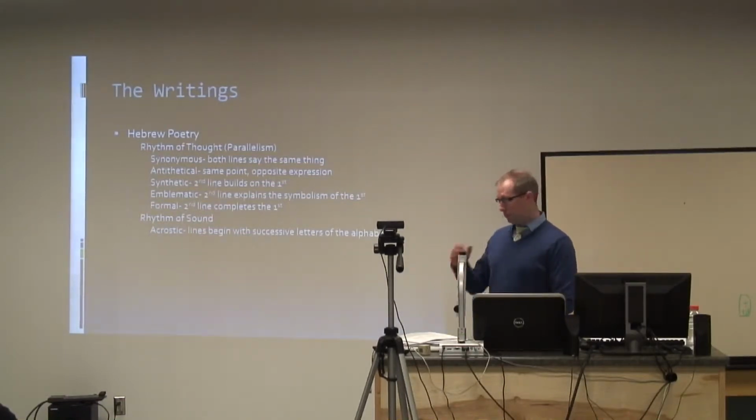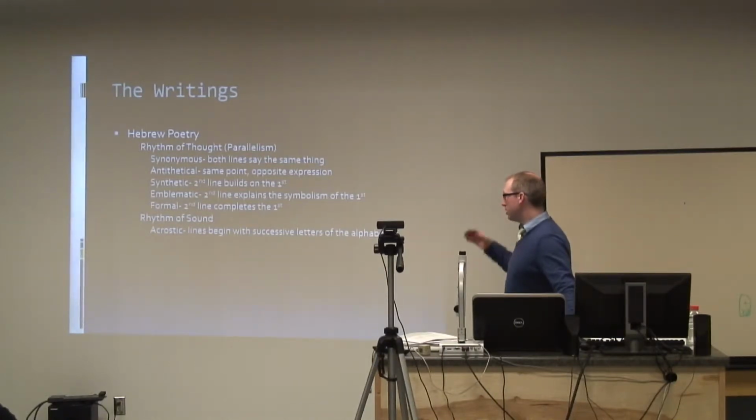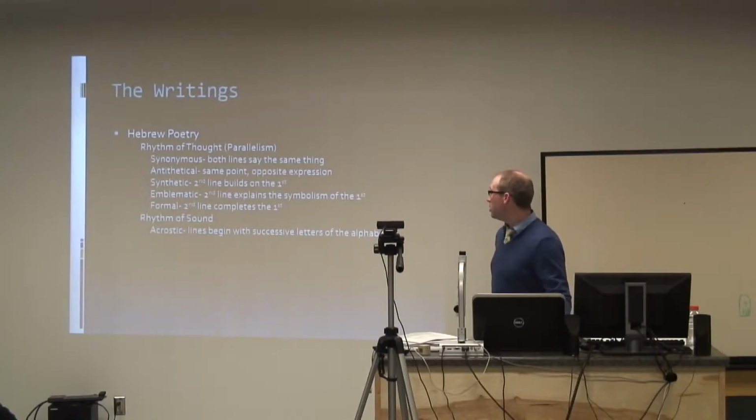So people would need to be able to remember it to participate in the worship. There are lots of mnemonic devices within the poetry. An acrostic would be one way that you would see this rhythm of sound.